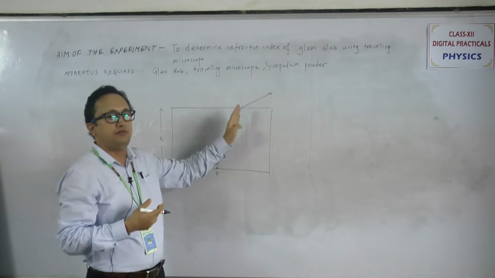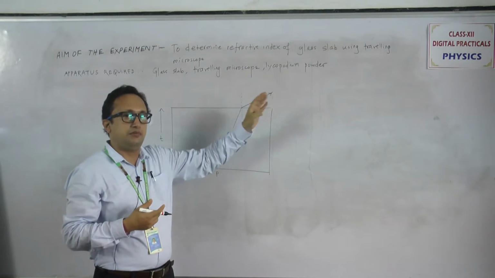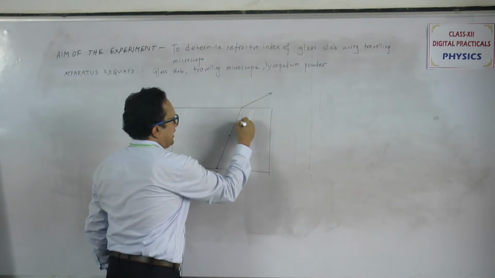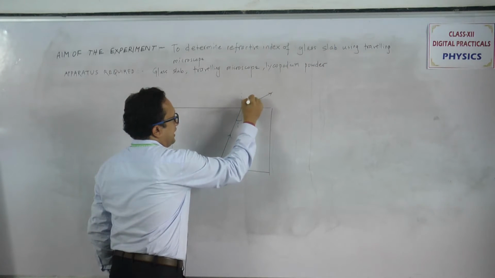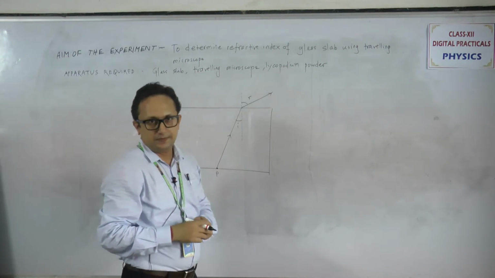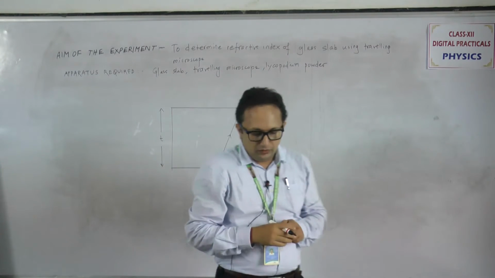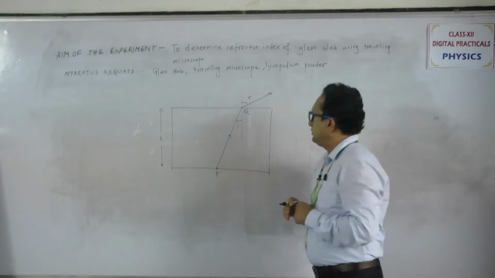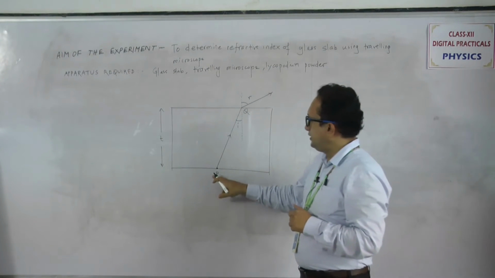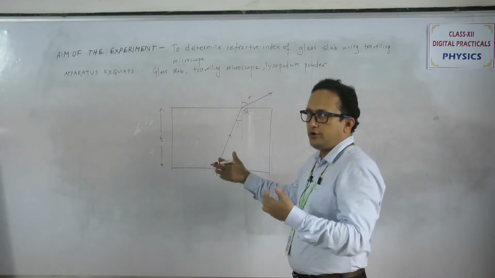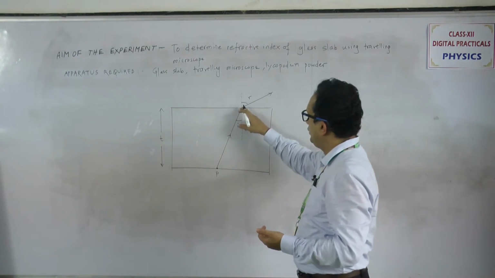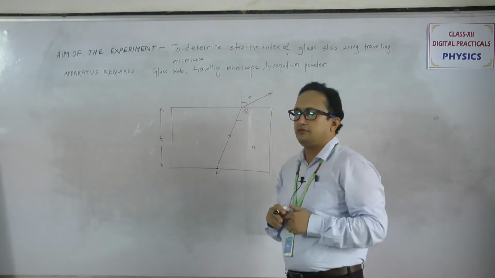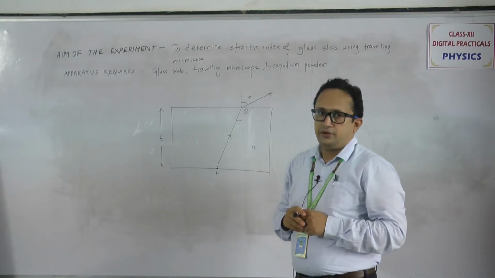When light travels from a denser to a rarer medium, it bends away from the normal. So consider this as the angle of incidence and this as the angle of refraction. Suppose this point is Q. For our discussion, let us assume that the point P acts like an object. This is point Q where it refracts. And suppose the refractive index of the material of this glass slab is N.